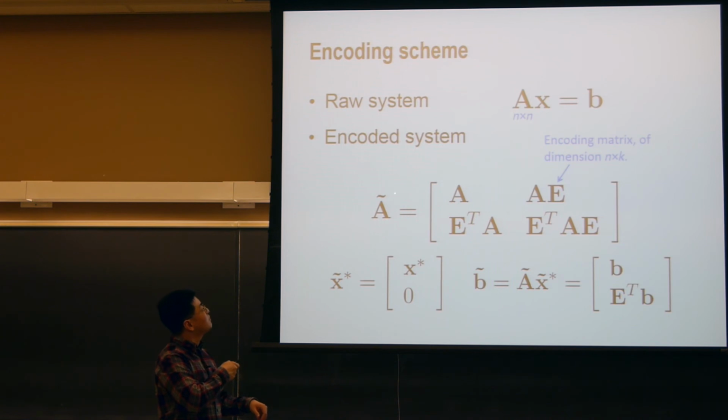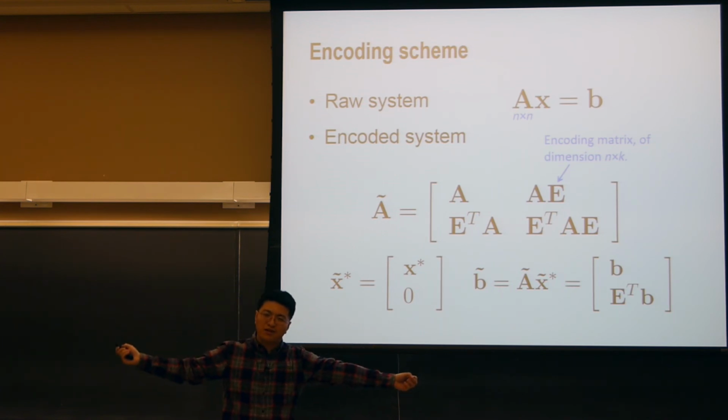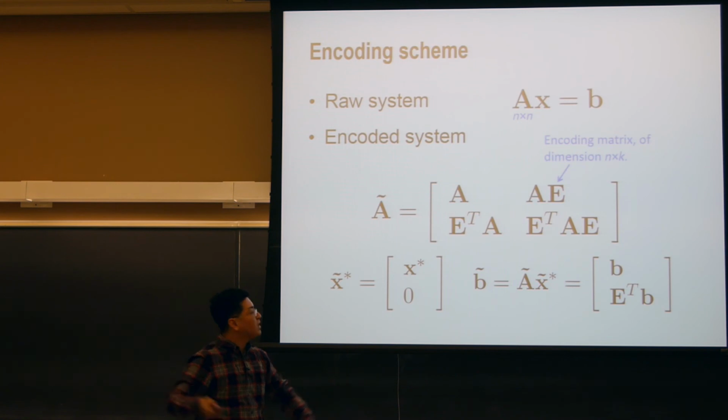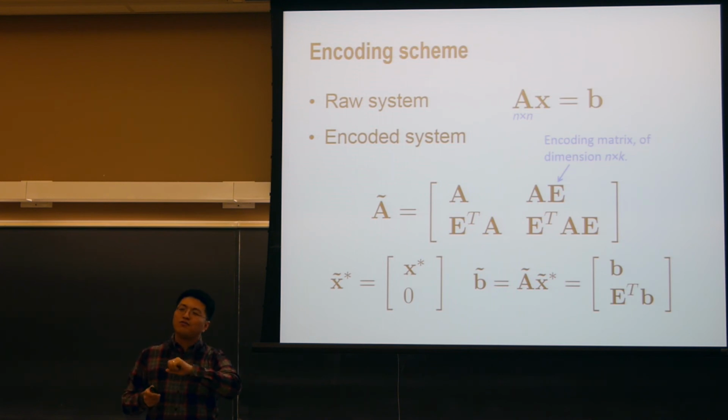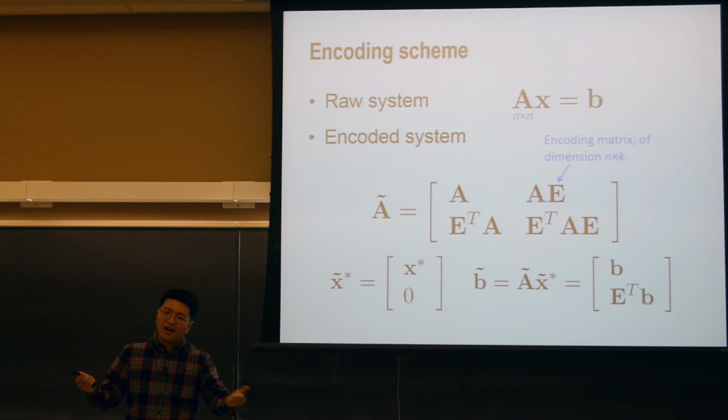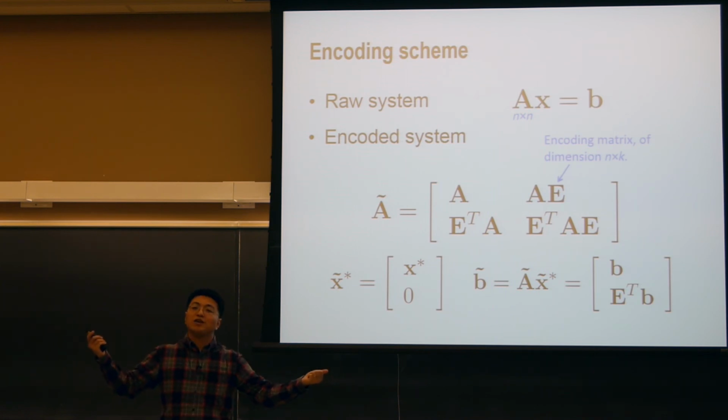Whether this effective condition number could be better than this, I think it definitely depends on what the encoding matrix E is. It will affect the interlacing property and whether we can bound it somehow. In the experiment, I showed when E is a random Gaussian matrix, which is scaled, and for the random Gaussian matrix, we know it has very good conditioning according to random matrix theory.